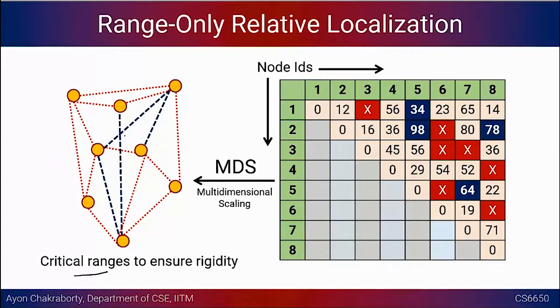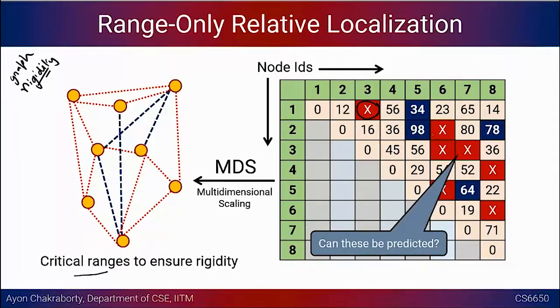So this mostly goes to the theory of graph rigidity, where we need to ensure which ranges have to be there in order to make sure that the graph is rigid. The rest of the items could be predicted.